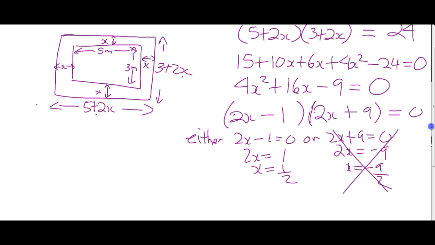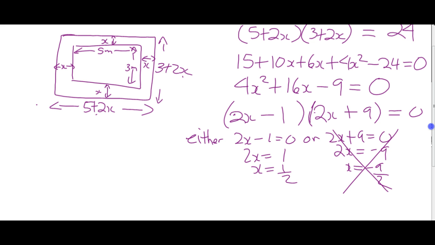Okay, it's a width of a border, it cannot be negative. So negative 9/2 is a valid solution to this quadratic. In the context of the problem, it does not fit. So we reject it, but you must show it. You've got to show, look, I have this solution, and then you're going to put an X through it saying, that's not the solution.